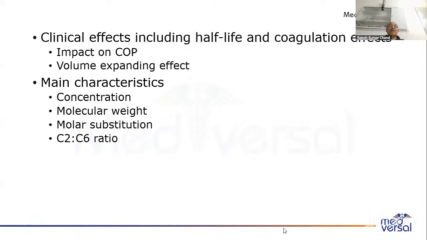But if the half-life is longer, then the patient will also have coagulopathy by dilution of procoagulants. The main characteristics of colloids are their concentration, like what crystalloid they are dissolved in, their molecular weight, their molar substitution, and their C2/C6 ratio. These characteristics determine the half-life of that synthetic colloid and its volume expanding effect.